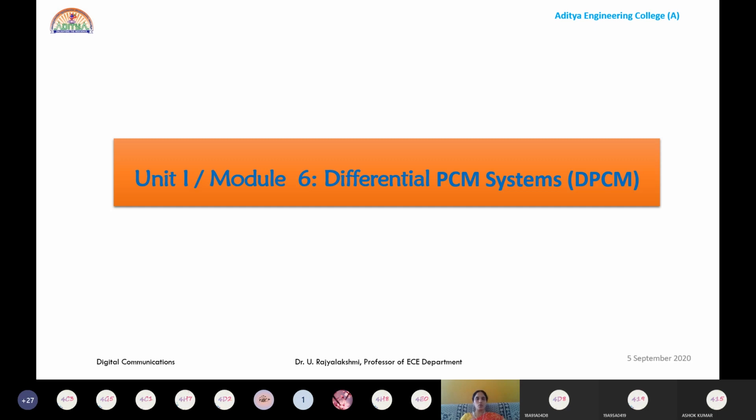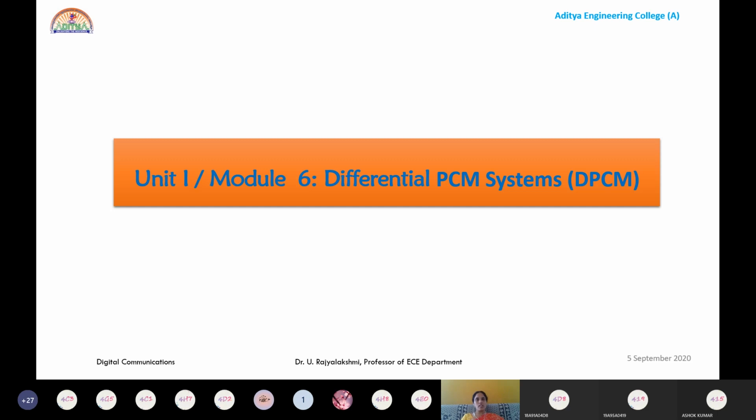Thereby you can provide constant SNR, but at the receiver you need to regain the original magnitudes of the message signal. That's why we make use of an expander at the receiver, in order to get the inverse action of compression, so that you can regain the original form of the message signal.